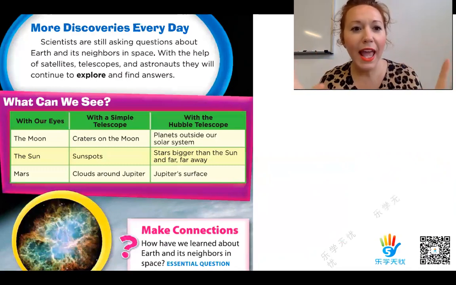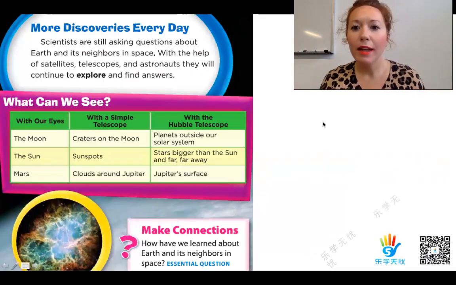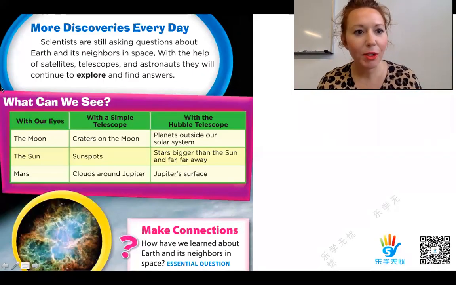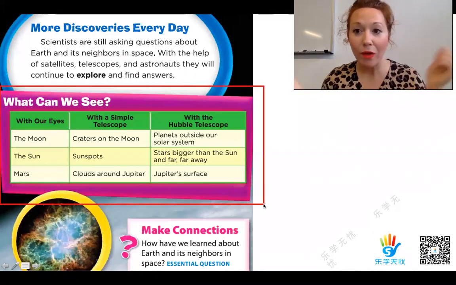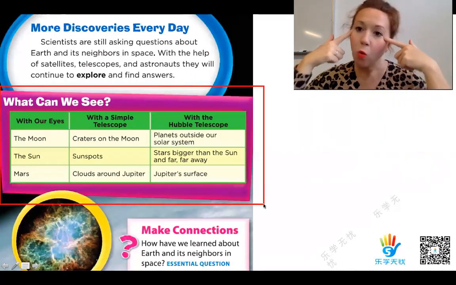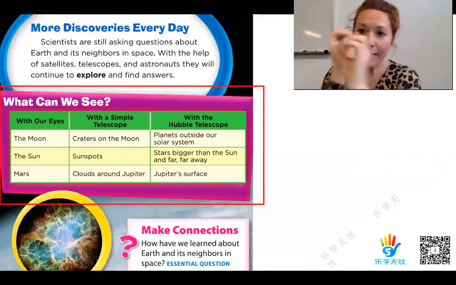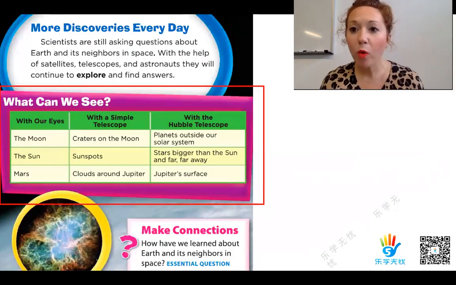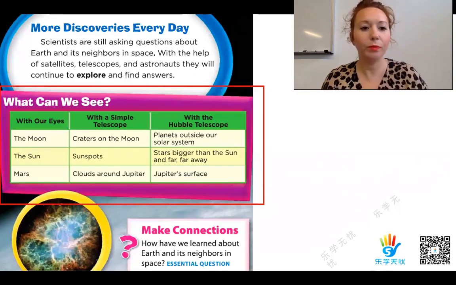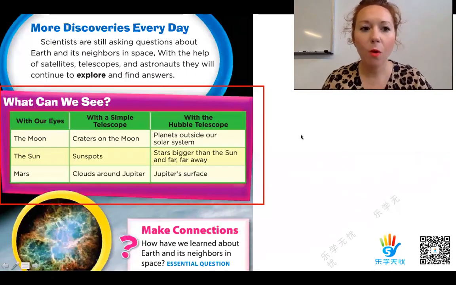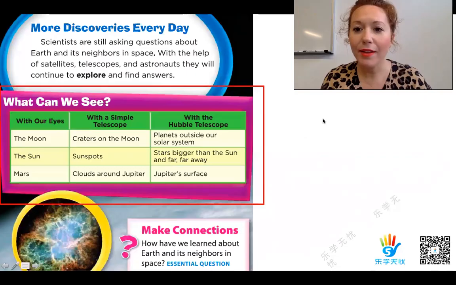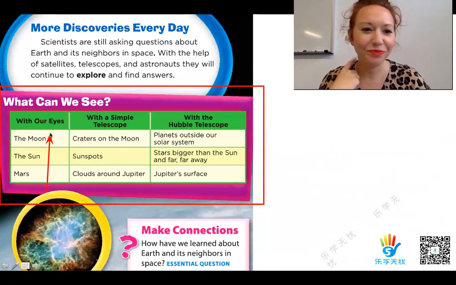Now, what can we see? Now, let's take a look at the difference between what we can see with our own eyes, what we could see with a telescope, and what we could see with the very gigantic Hubble telescope. So, with our eyes, we can see Mars and the sun and the moon.